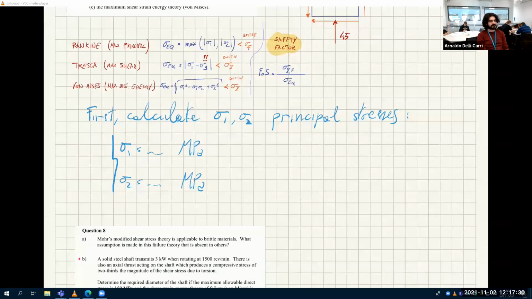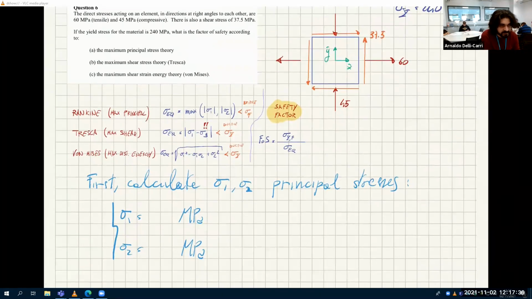Come on, online chat, anyone? How much is sigma 1? How much is sigma 2? Let me recap here that sigma x is 60, sigma y is minus 45, and tau xy is 37.5.